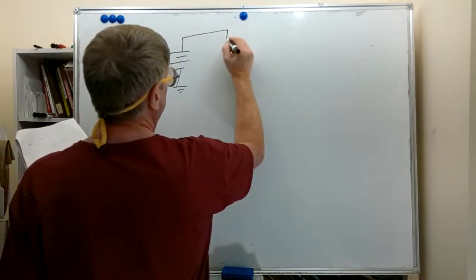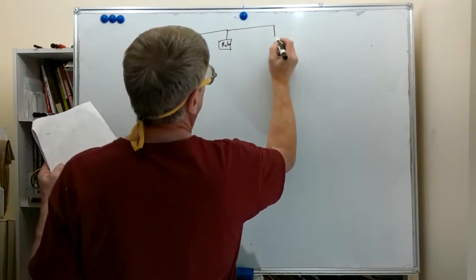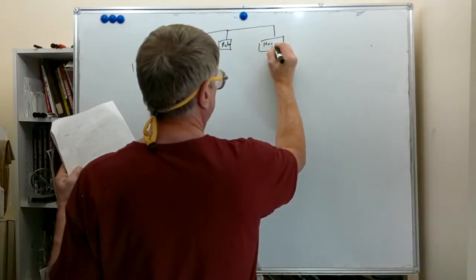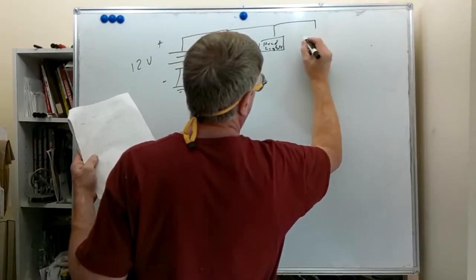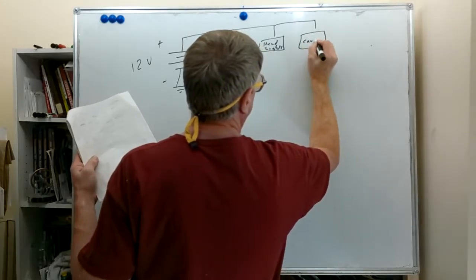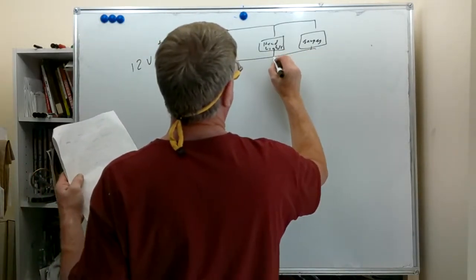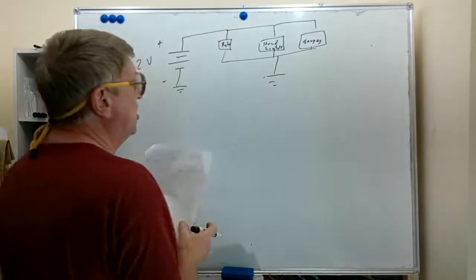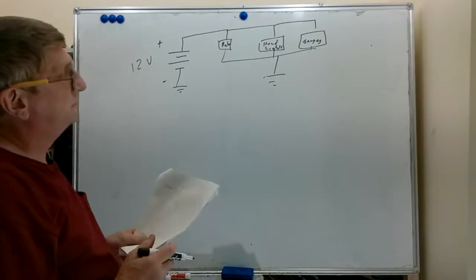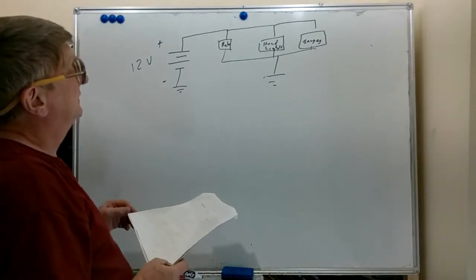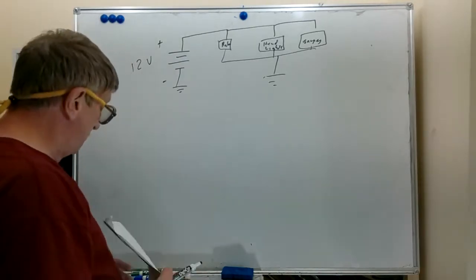And this goes out, maybe runs your radio, headlights, and gauges, and then they'll probably all connect to ground. So we end up using the body of the car as one side of the conducting path, and we also have a convenient reference point.